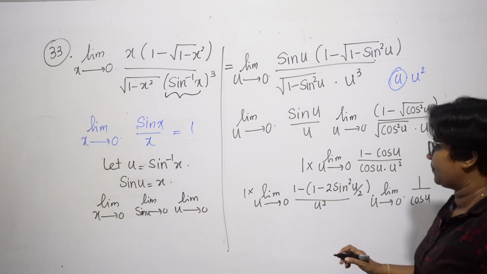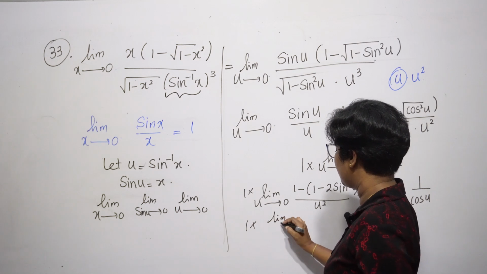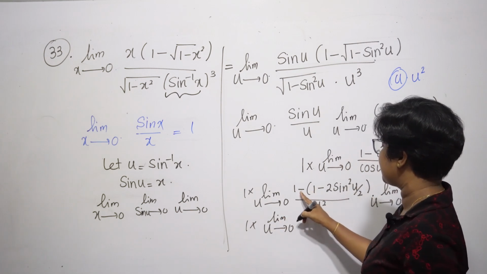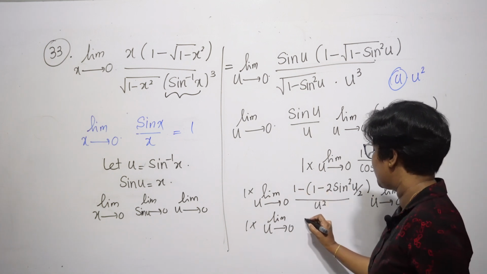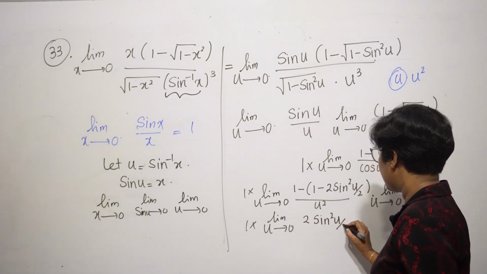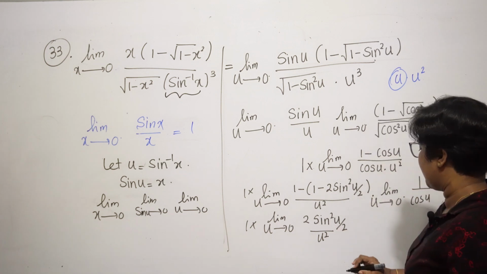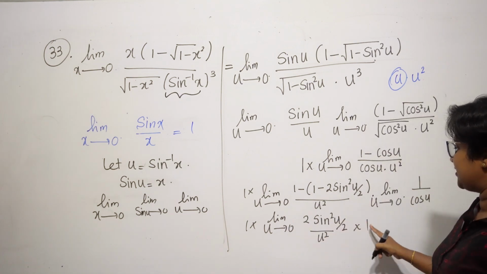Now you know as u approaches 0, cos u approaches 1. This equals 1. Then 1 times the limit as u approaches 0 of 1 minus 1 cancels, negative 1 times negative, negative times negative is positive, 2 sine squared (u over 2) over u squared, times 1. Now we have this part.